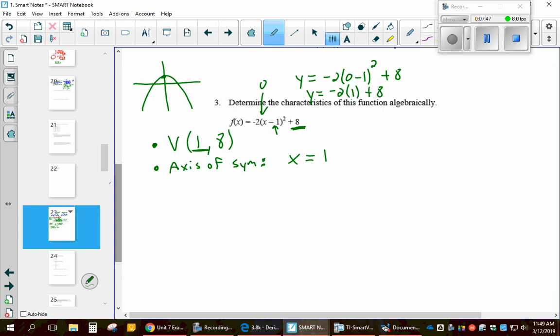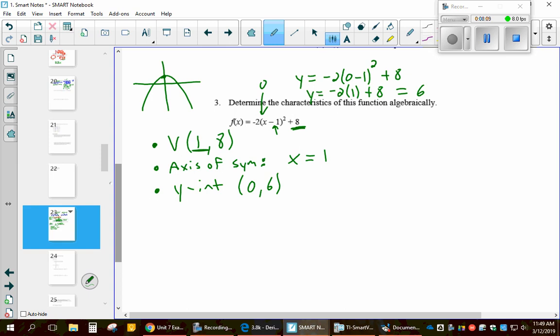So -2 plus 8 is 6. So our y-intercept should be at 0, 6. We know that. But now we've got to do a little bit more algebra here.